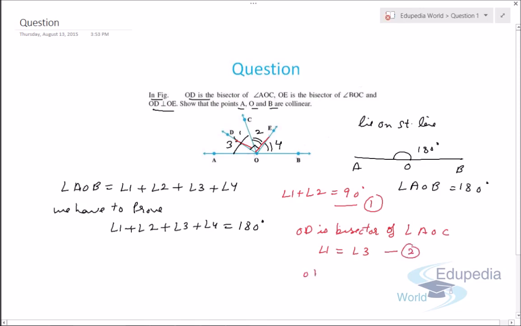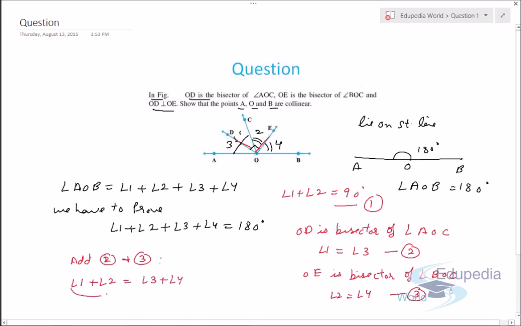Similarly, we can write OE is the bisector of angle BOC, so angle 2 equals angle 4. Let it be equation 3. Now add 2 and 3. See what we get. We get angle 1 plus angle 2 equals angle 3 plus angle 4.